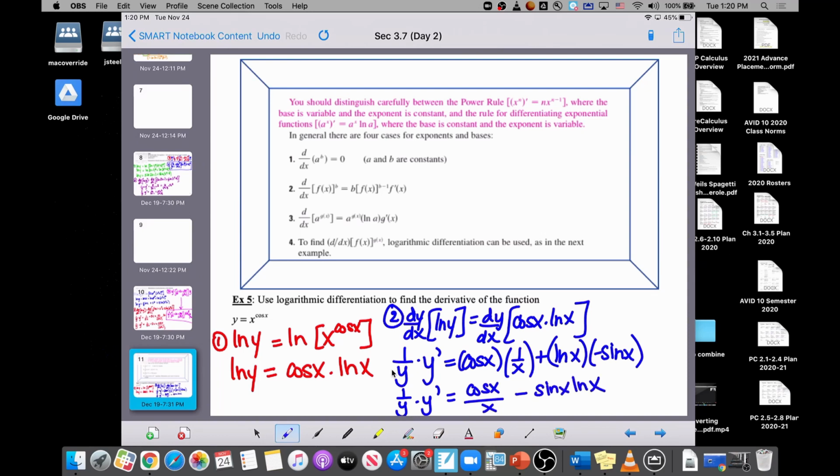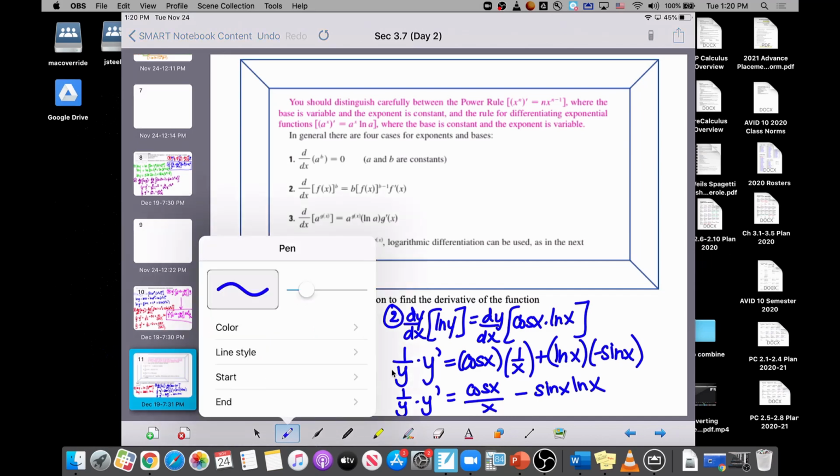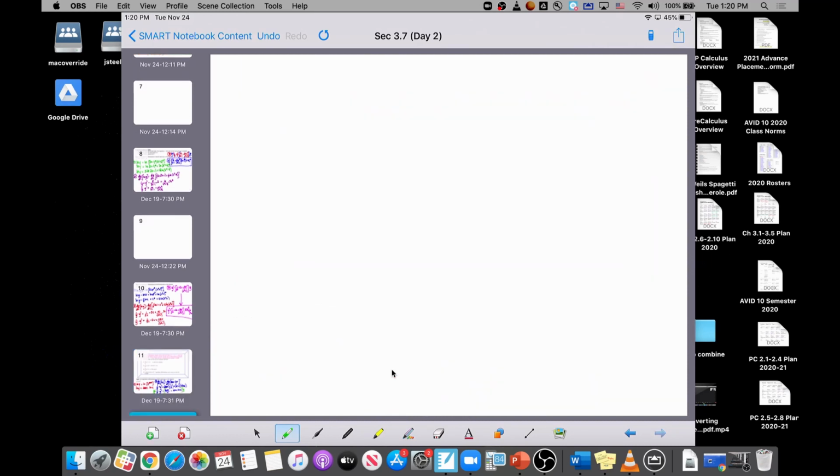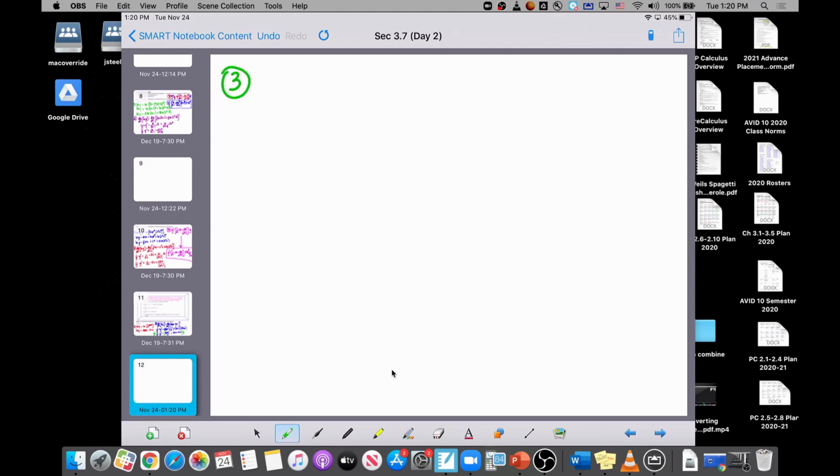And then, of course, step 3 is if I want to get rid of that 1 over y, then I multiply both sides of this equation by y, and the 1 over y will cancel the y, and I'll have my y prime, which is my derivative. So in step 3, my y prime is going to be equal to y times cos x over x minus sine x ln x, which y was x to the cos x power.